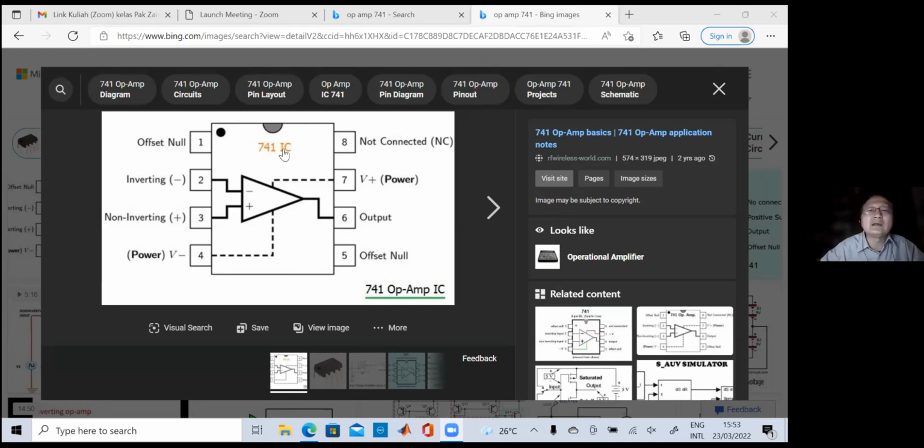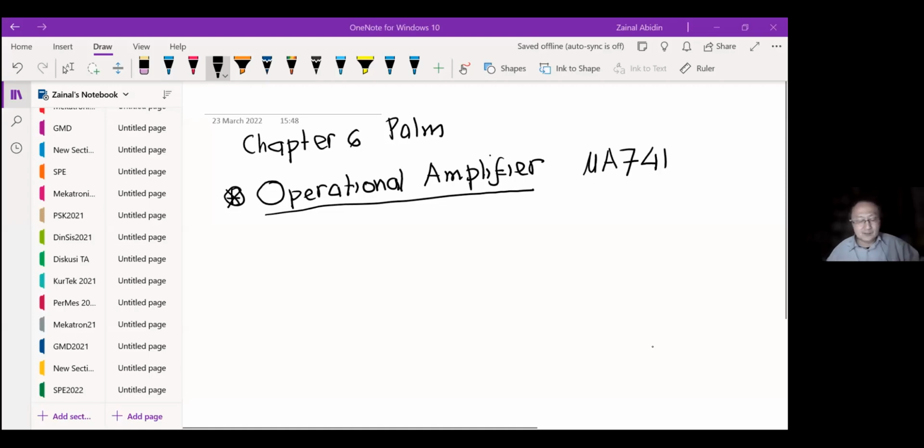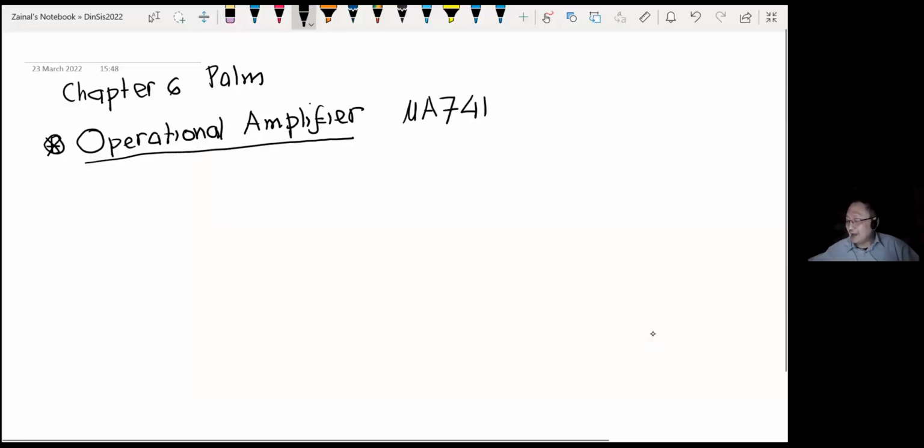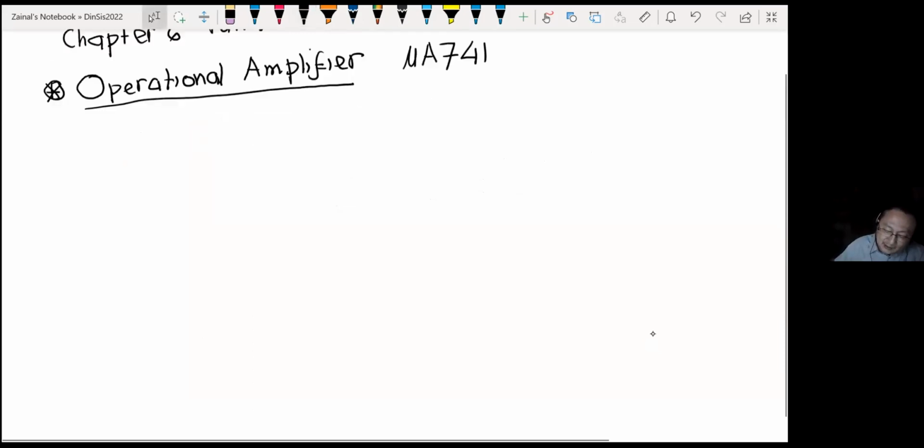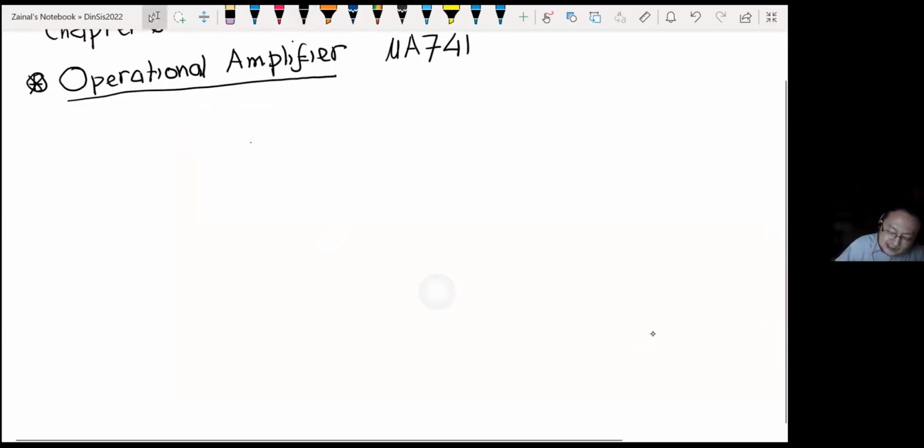UA741. Okay, now I want to show you something. The physical IC looks like this.